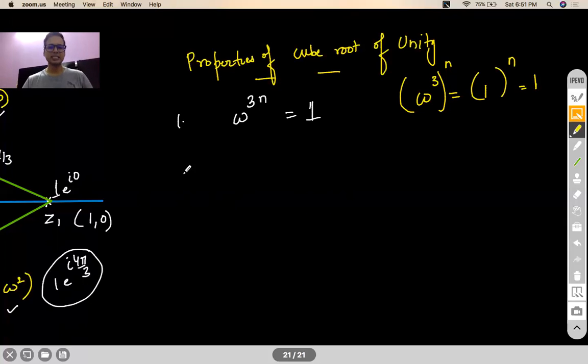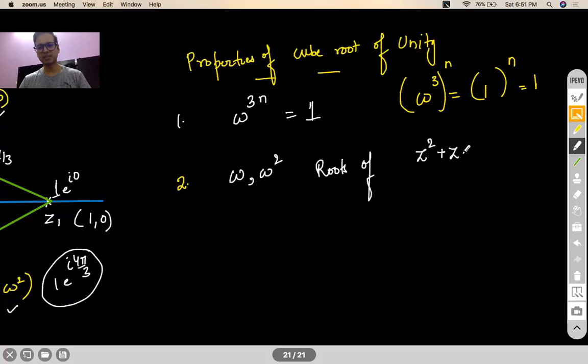Okay. The second important thing that we'll learn from here is that omega and omega square are actually roots of z square plus z plus 1 equal to 0. Now you must be wondering how is this possible?